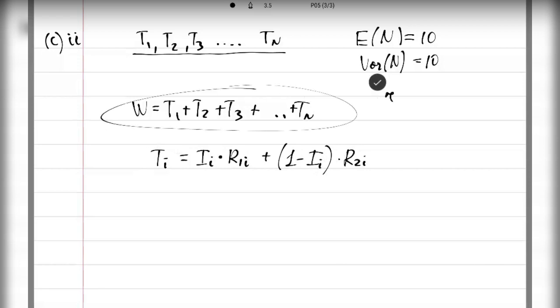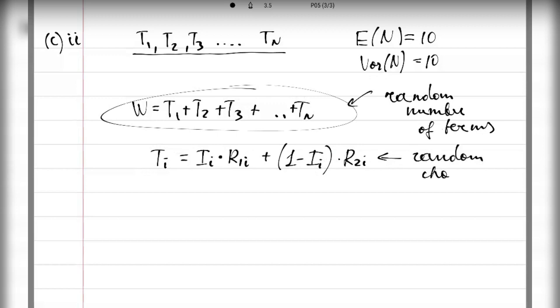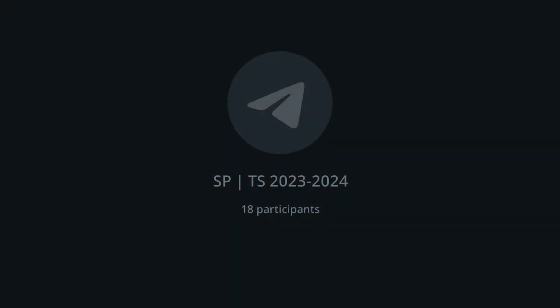We have a random number of terms, and we have a random choice of a random variable for every question we are trying to answer.